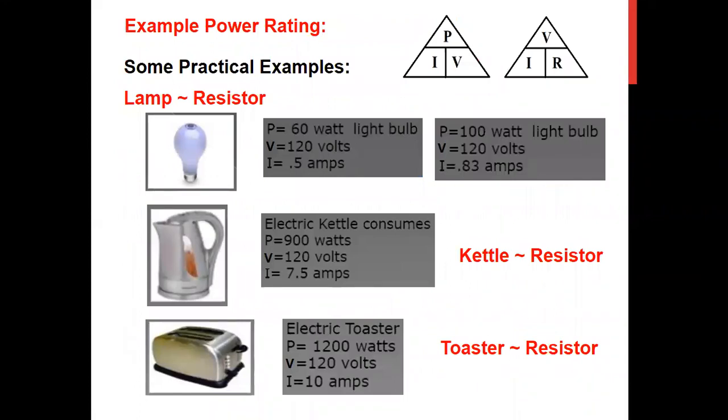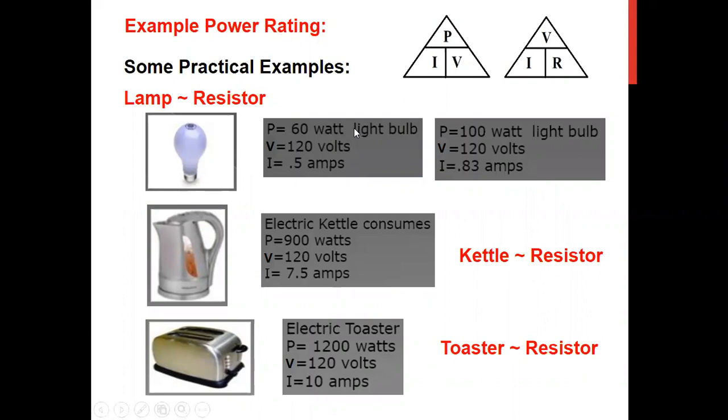Now an example of power rating in practice, which we use in our everyday lives, like a light bulb. If 60 watt is written on it, how much current can flow through this light?